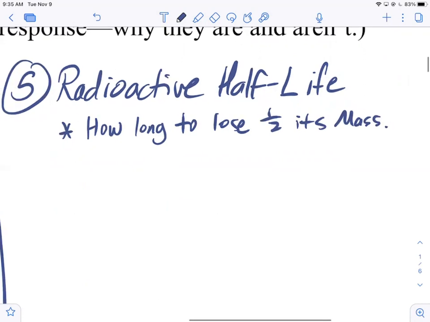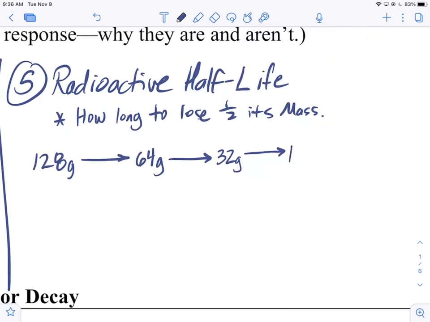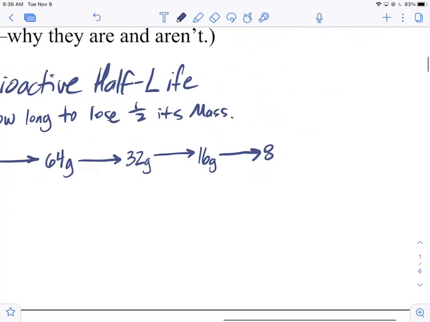So for instance, let's say that we started with something that was 128 grams. Over a certain amount of time, it would lose half of that mass. What's half of 128? 64 grams. In the same amount of time, it would lose another half, which would make it 32 grams. In the same amount of time, another half, which brings it to 16. And then it goes to 8 grams.